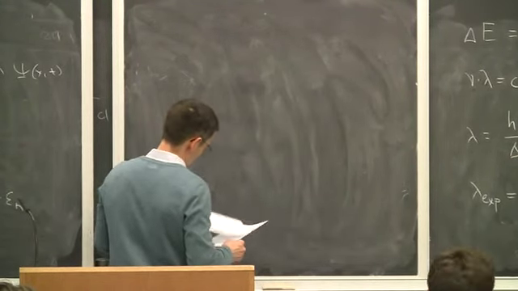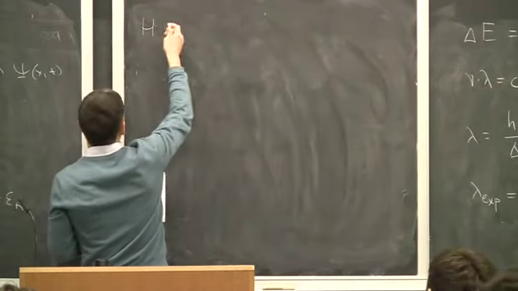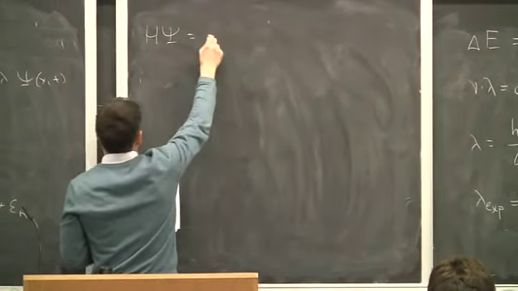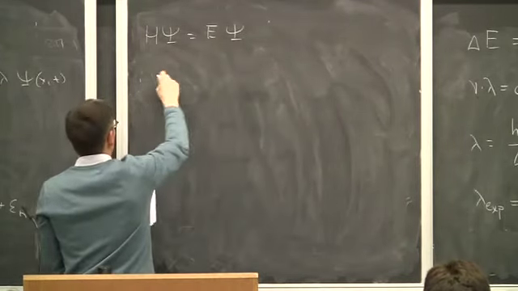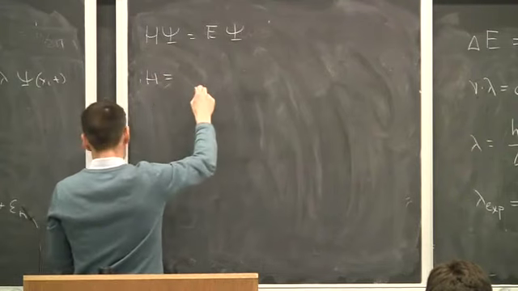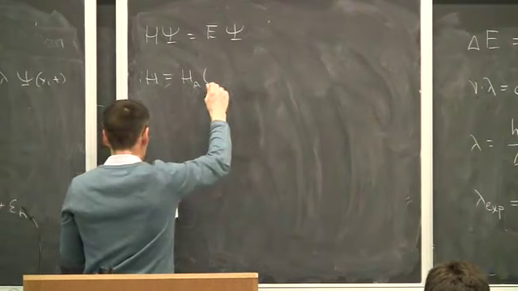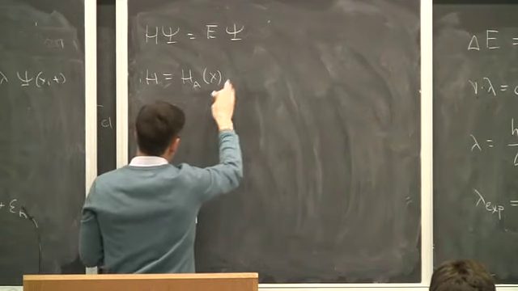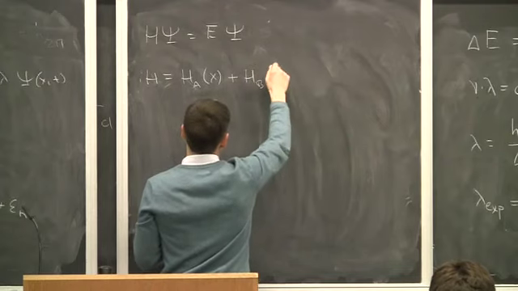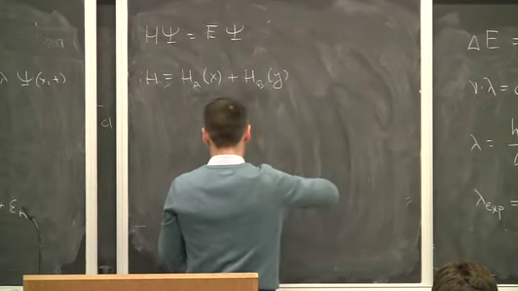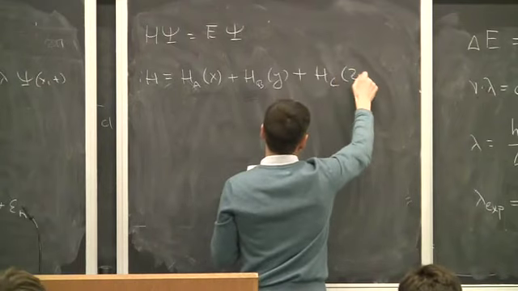So we'll be solving again the time-independent part, okay? But our Hamiltonian will be the Hamiltonian, say, I'll call it A of x, which will be a particle in a box in the x direction, B in the y direction, C in the z direction.